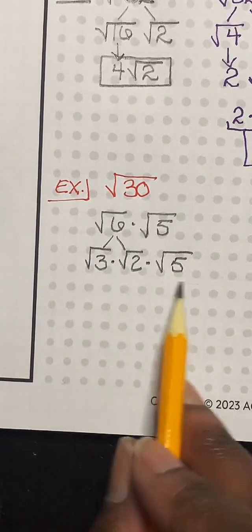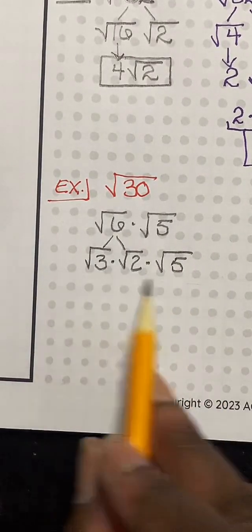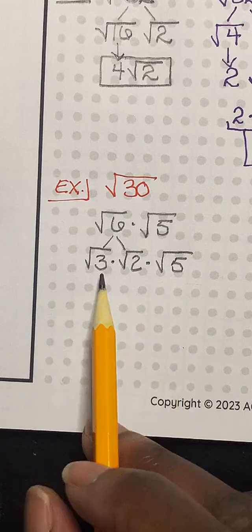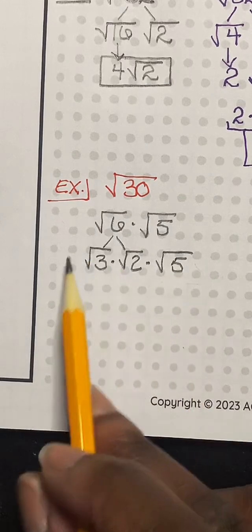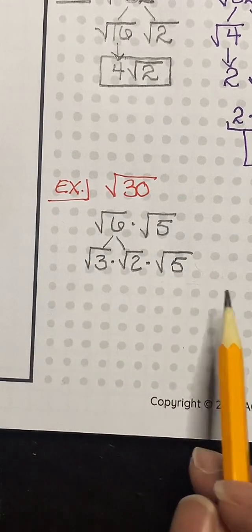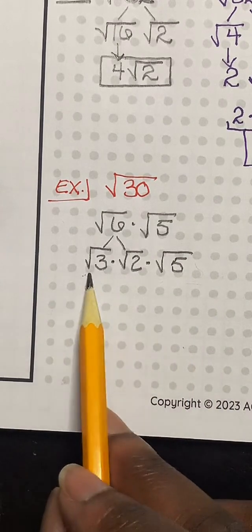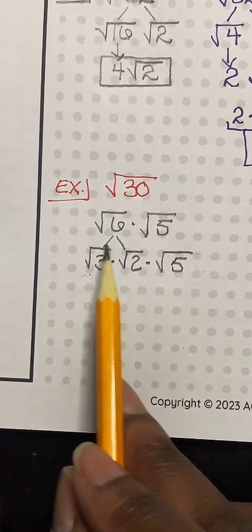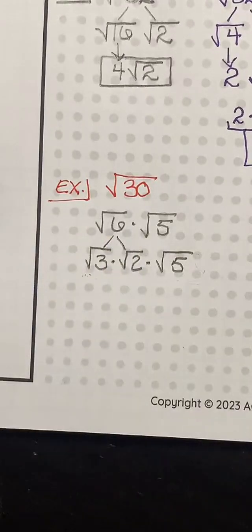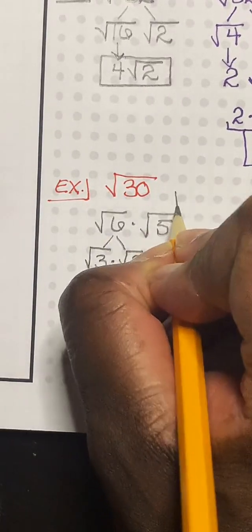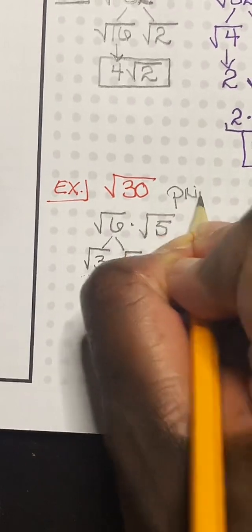I can't get a perfect out of this at all. Right? So in a way, this is basically my answer. I know, that's ugly, right? So that's why most people that are doing math, knowing that you can't break it down any further or get a perfect square root out of it, they'll say it's called prime.